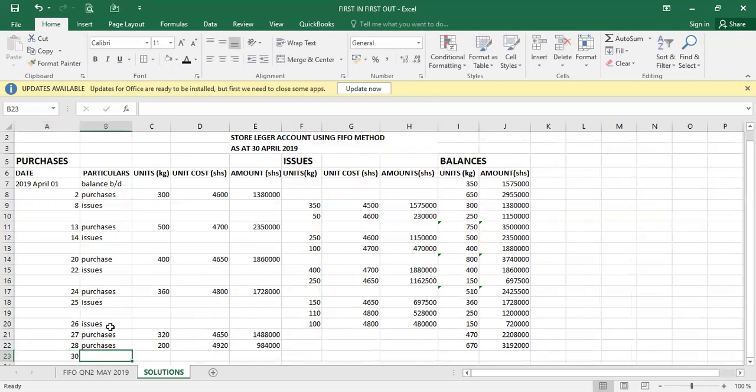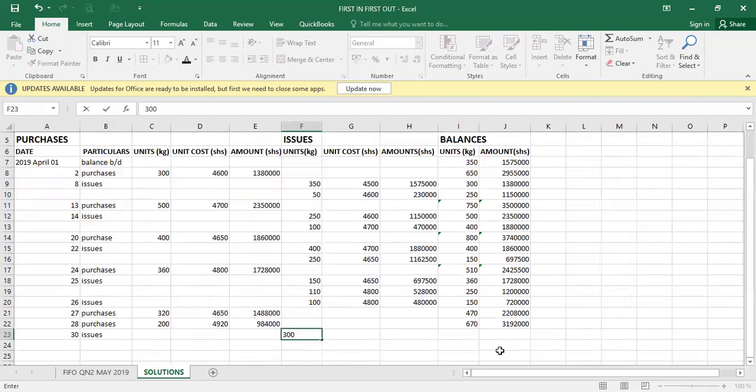So these are issues, and we are issuing out 300 units. There are 300 units, the one we are issuing out, but we said these units were still there. The one we bought on 24th, we issued and we remained with the 150.